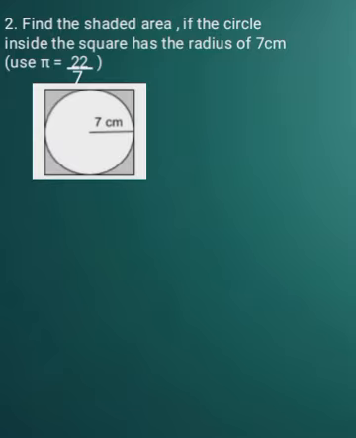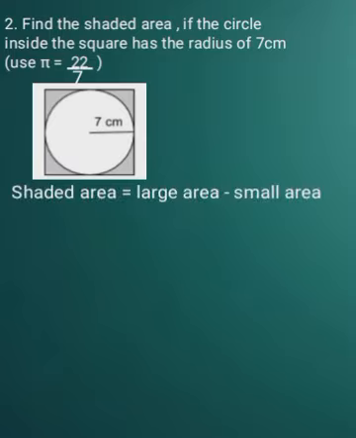In order to find the shaded area, there is a formula which states that you take the large area minus the smaller area.